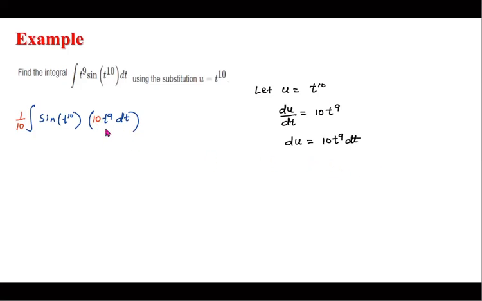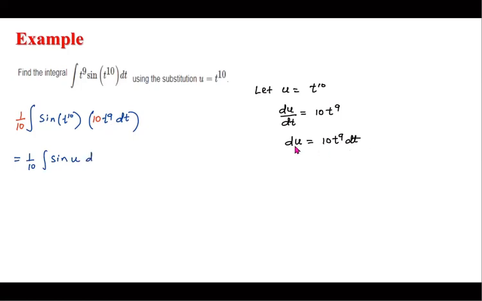This quantity, 10 t to the 9 dt, is du. So now we can make the substitution. This is equal to 1 over 10 outside, the integration of sine of t to the 10, which is u, and then 10 t to the 9 dt, which is du.